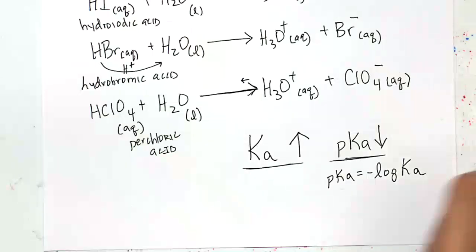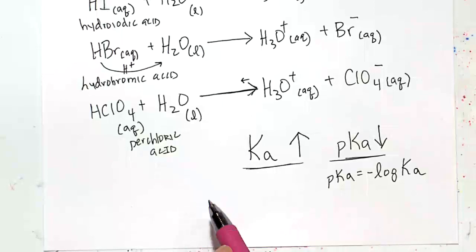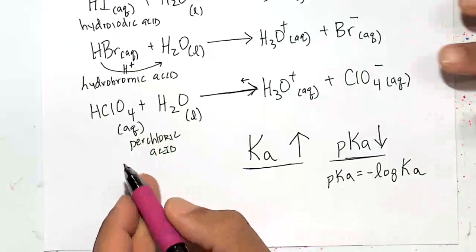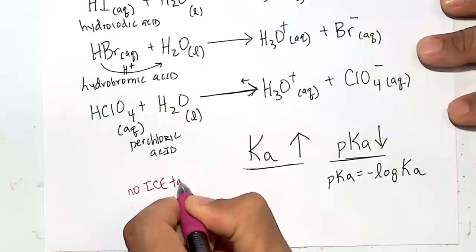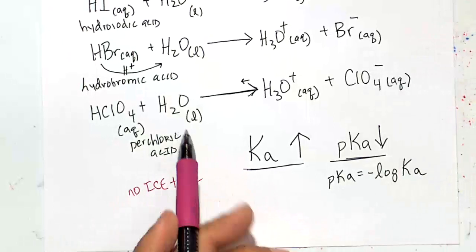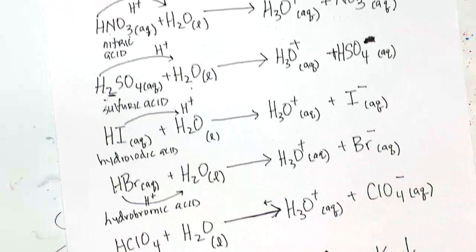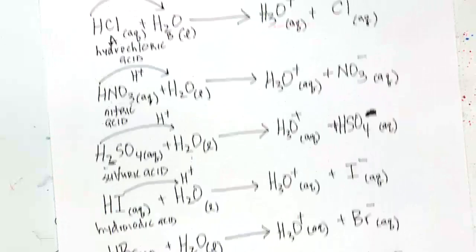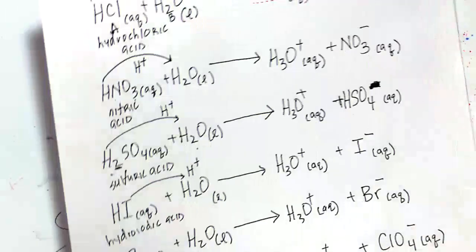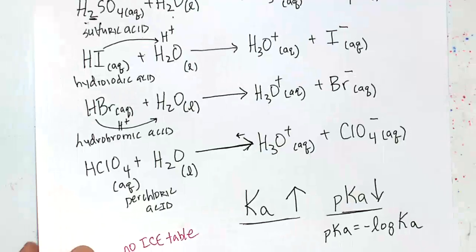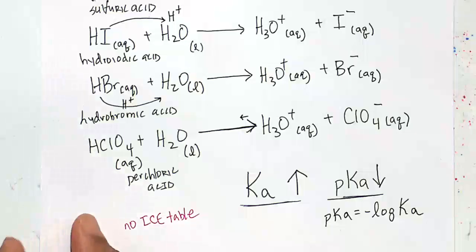Now the next important point is this. If these are strong acids, do we need an ice table? Check out my arrow. Since the arrow is going so overwhelmingly to the forward side, 99 to 100% this way, you don't need an ice table.